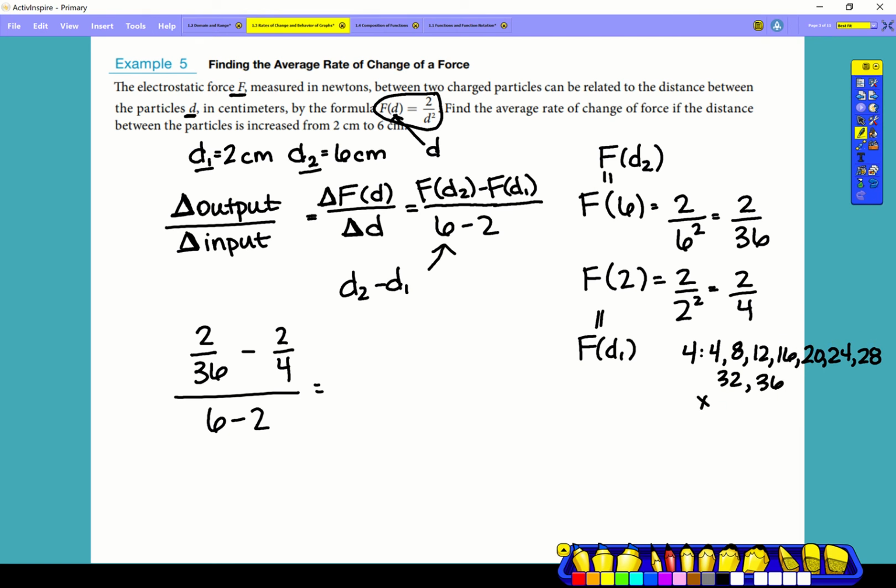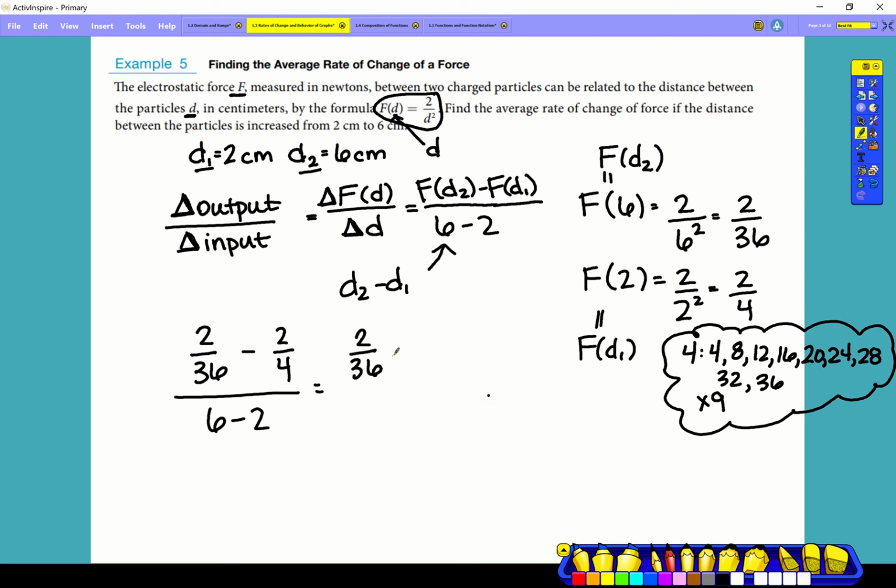It's 9. That's a bit of scratch work there for you guys. And that's what you should be going through if you don't know where to start.